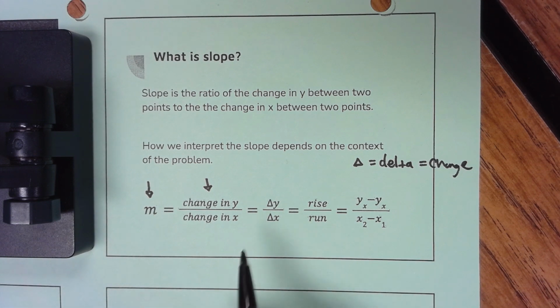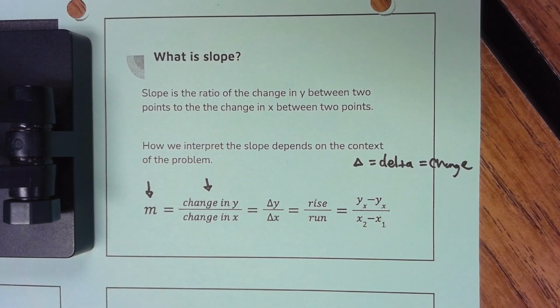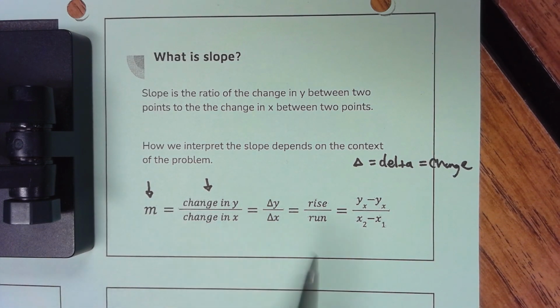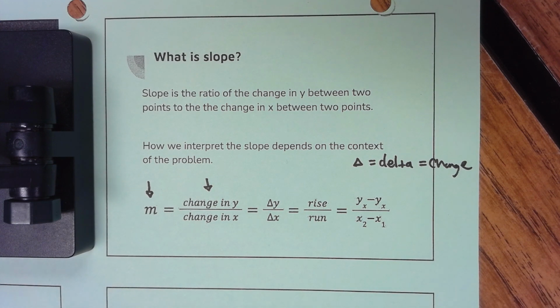Okay, so when you see this triangle or delta y, that's change in y divided by change in x. So this is saying the exact same thing as change in y divided by change in x, just using more specific notation. When we talk about change in y, that tells us how much we have risen. Okay, so you hear change in y as being your rise. And another way to think about slope is rise over run.